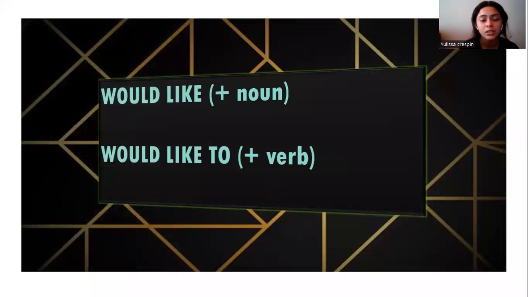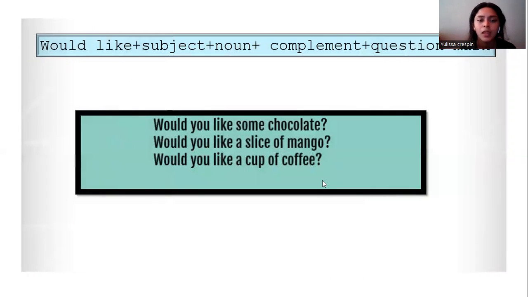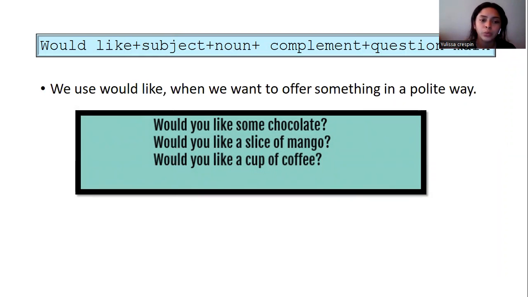Okay, I'm going to continue talking about would like and would like to. First, we are going to start with would like. We use would like when we want to offer something in a polite way. And here we have the structure.